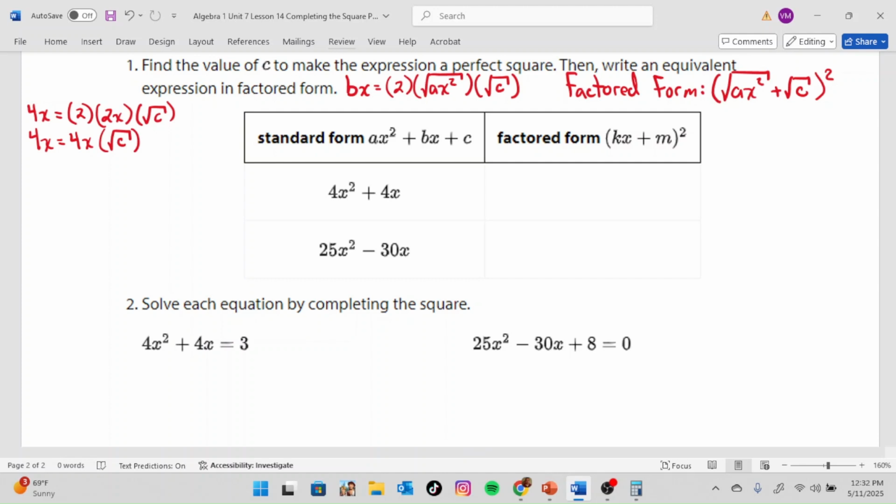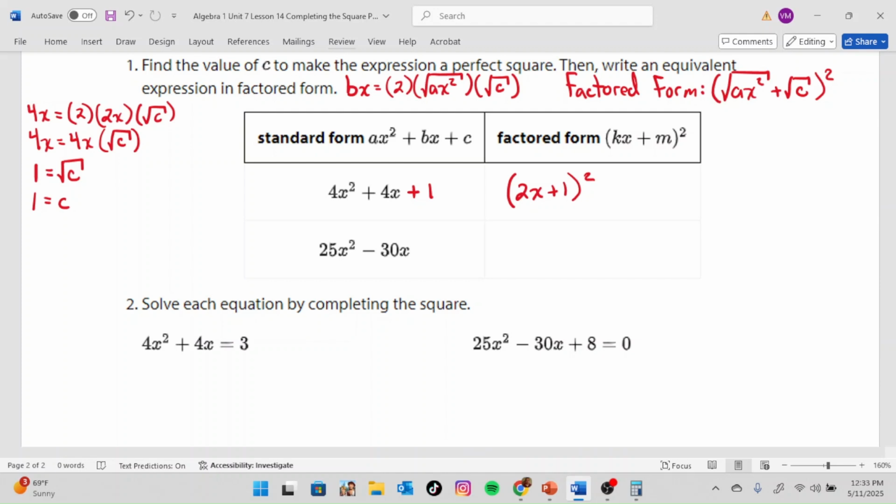Now we divide both sides by 4x, and we get 1 equals the square root of c. If we square both sides, then we get 1 equals c. That means the missing c term is plus 1, and the factored form is 2x plus 1 squared.